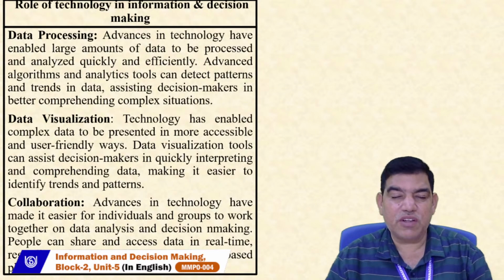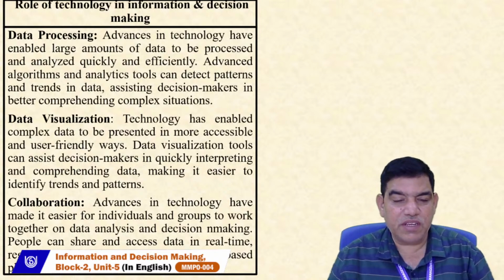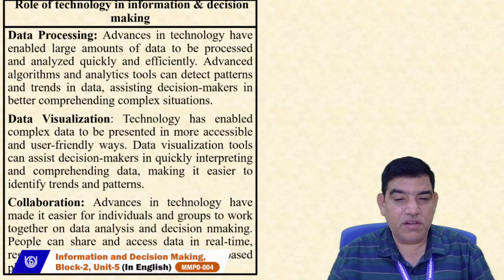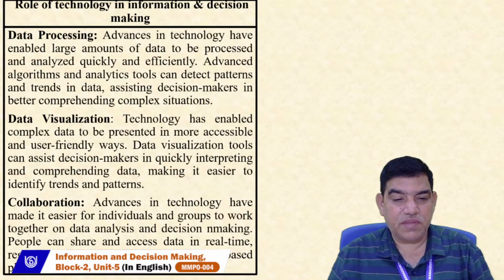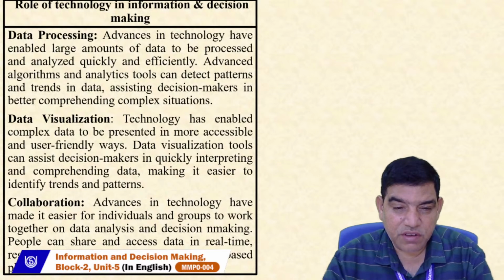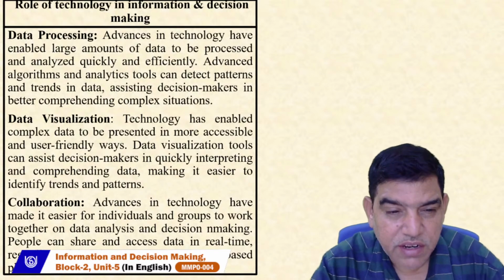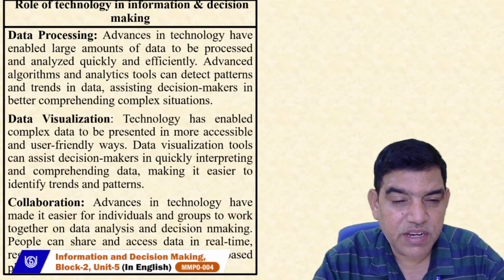Sometimes collaboration here means that in the decision-making process we always work with a real-time system, without depending upon the locations. So on the basis of that data, we can take decisions. That is not the collaboration with different organizations.